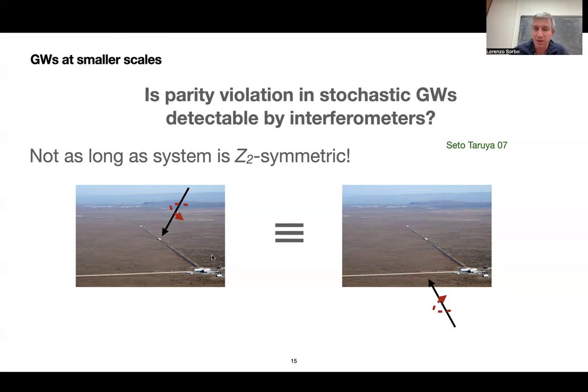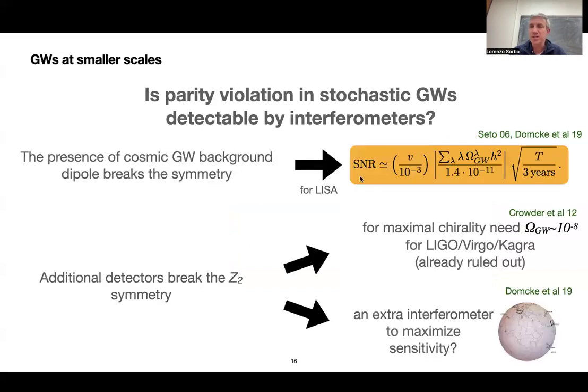So planar interferometers are not sensitive to chirality. Of course, the gravitational waves are not isotropic because our Earth is moving with respect to the cosmic rest frame. So one, at least in principle, can have some observability, but it turns out that this requires these gravitational waves to be very large, and this is beyond detectability.